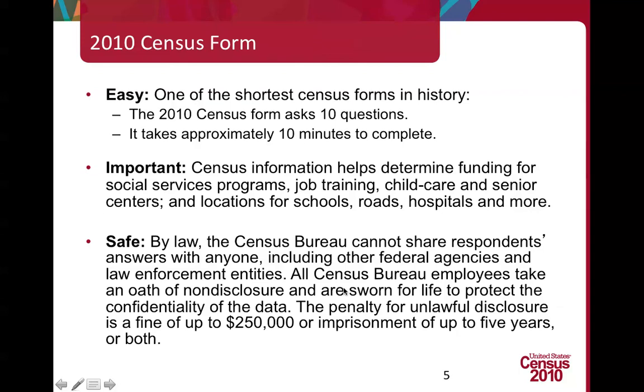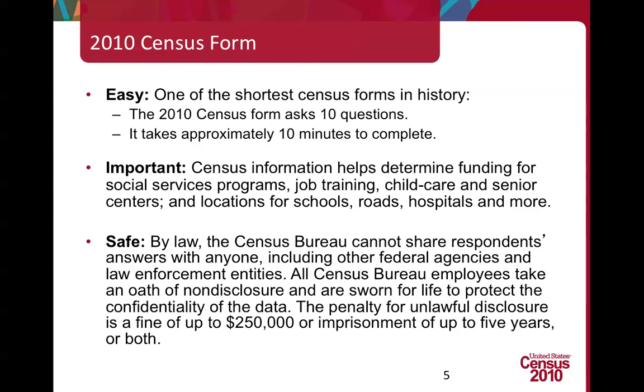All Census Bureau employees take an oath of non-disclosure. So if you work for the Census Bureau, you have to take an oath, and you are sworn for life to protect the confidentiality of the data. In other words, you can't start giving out information that you find about other people. Taking an oath really makes that a lot more official. The penalty for unlawful disclosure is a fine of $250,000, or imprisonment for up to 5 years, or both.